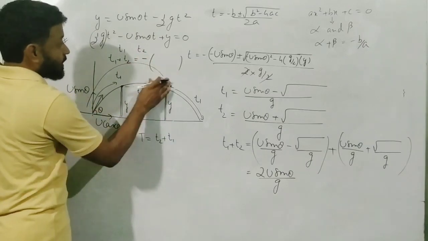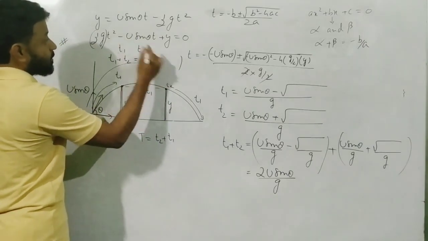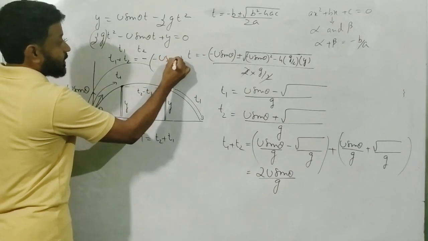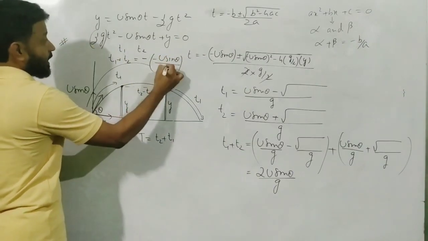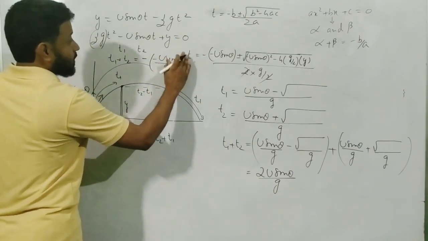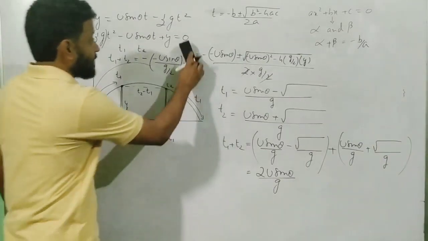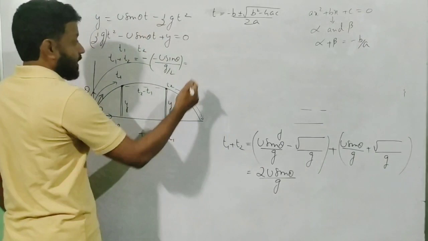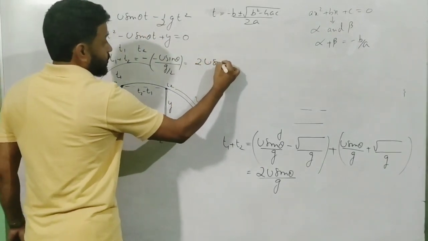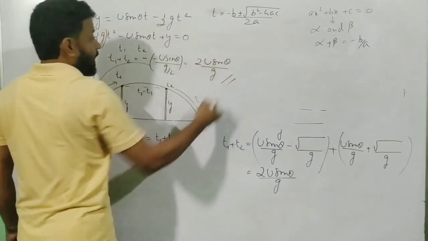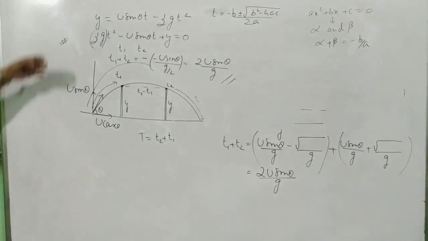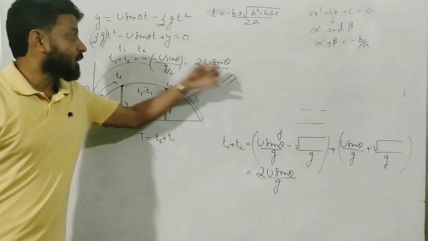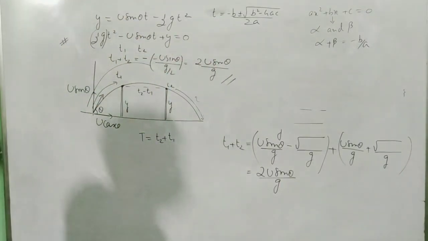What is b? b is minus u sin theta, and a is g by 2. What we have got is a very surprising thing. We have got the time of flight formula in a fraction of second, 2u sin theta divided by g, and done. From the equation, use the property: time of flight is 2u sin theta by g.